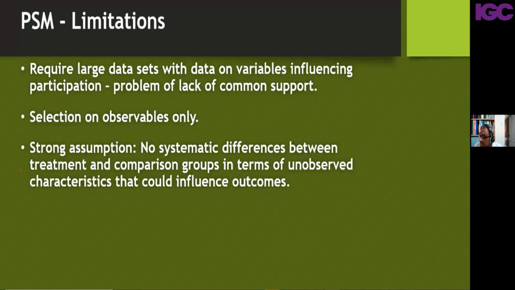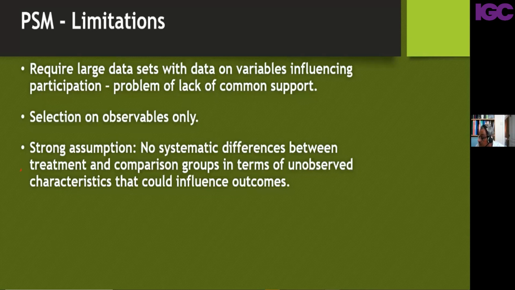Similarly, as we have already noted, PSM allows only for differences in observable characteristics. It does not allow for differences in unobservable characteristics. That takes place only if you are able to combine PSM with difference in difference.